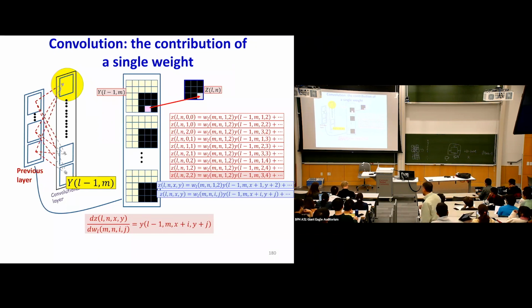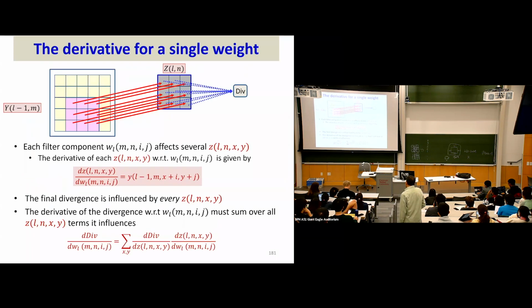So for the derivative of Zxy with respect to Wij, we know that the index of Y that multiplies any W to give you any Z is the sum of the indices of Z and W, right? So the derivative of Zxy with respect to Wij is going to be Y of x plus i, y plus j, right?